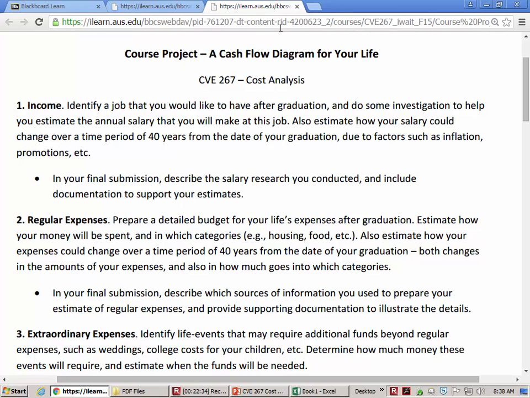Each one of these sections, I ask you to do a little bit of research. And by research, I don't mean that you have to go to the library necessarily. Your research can be a search online, or other things we'll talk about in a moment. But part 1 specifically is about income. And what I suggest is you look at a period of 40 years, because maybe you'll graduate when you're 23 years old.